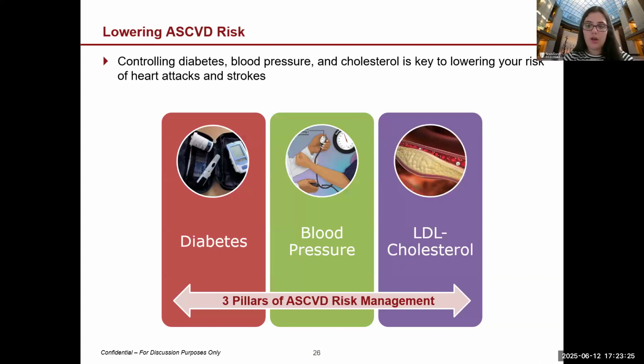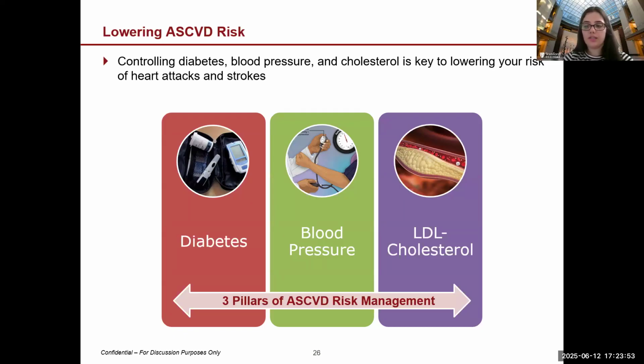So, to lower the risk of heart attacks and strokes in people with diabetes, we focus on three key areas: blood sugar control, blood pressure management, and cholesterol reduction, which are known as the three pillars of ASCVD risk management. They usually work together to protect the heart and blood vessels.